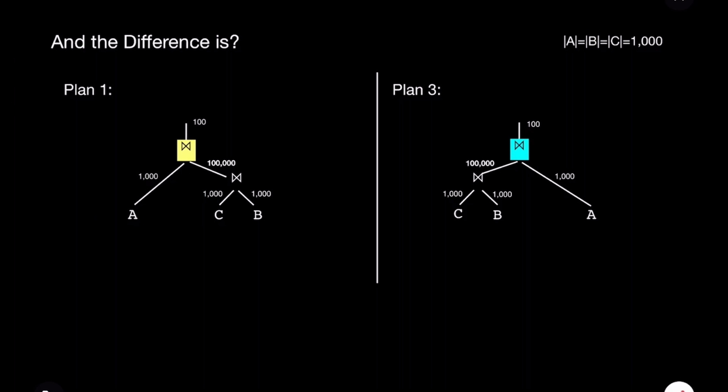It depends on the symmetry of the algorithm. Hash join is not symmetric in the sense that on the left input we do something different. We build a hash table. If the left input is rather big, like in this one, I will build a hash table on 100,000 tuples, whereas here I will only build a hash table on 1,000 tuples.